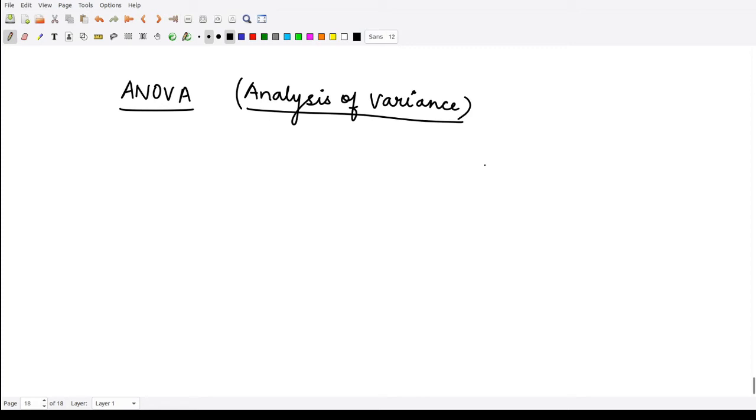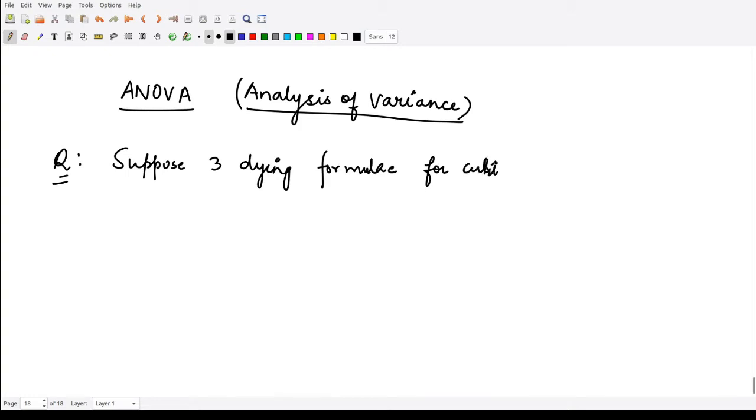The analysis of variance. What is the need for studying this analysis of variance? Suppose the question is given that three dyeing formulas for curing a glue are studied and the following times observed.